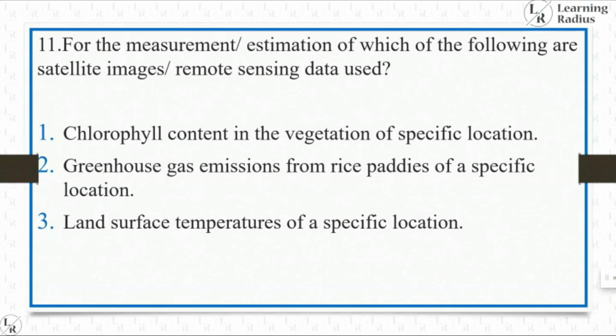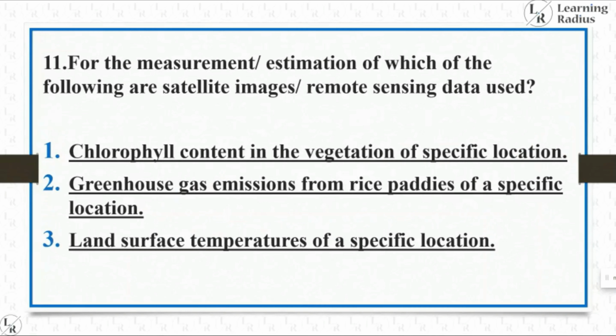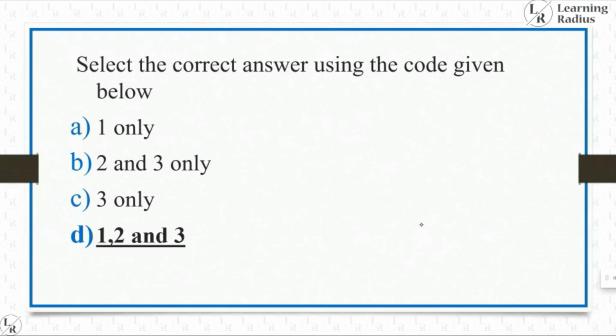Chlorophyll content in the vegetation, that is right. Greenhouse gas emission from rice paddies, that is right. Land surface temperature, that is also right. So all three statements are right. The answer is 1, 2 and 3.